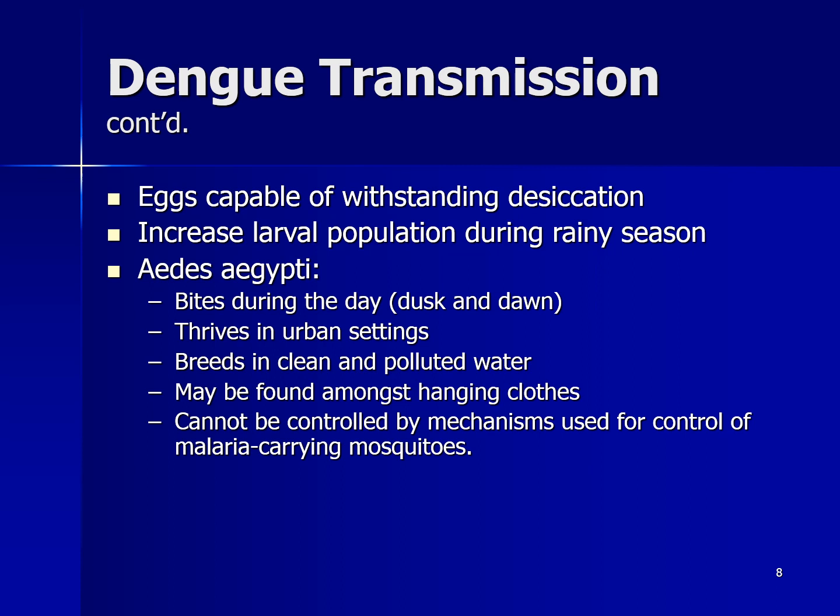So they need to pay attention to clean water vessels as well. It may be found amongst hanging clothes and cannot be controlled by mechanisms used for control of malaria-carrying mosquitoes. Of course, because of the features that we have discussed, its biting habits, where it lives, where it breeds, it's very difficult to control.